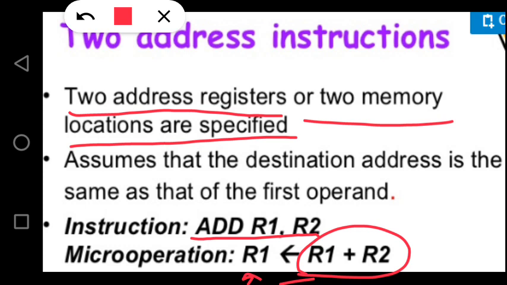Can you guess what might be the name of R1? R1 contains the input data, and R1 is also used to store the result. It is called, yes, you are right, a special register called accumulator, right?